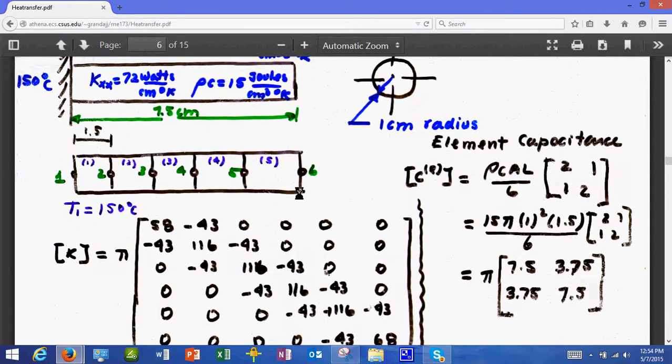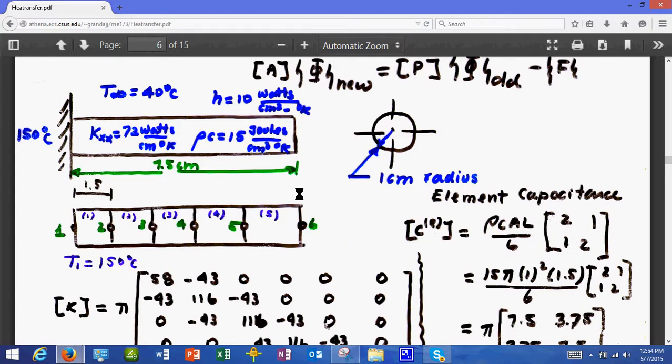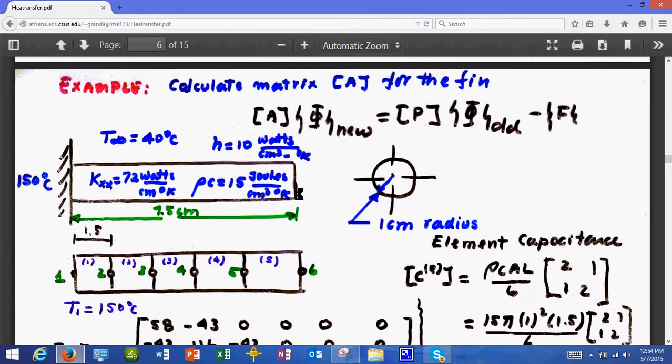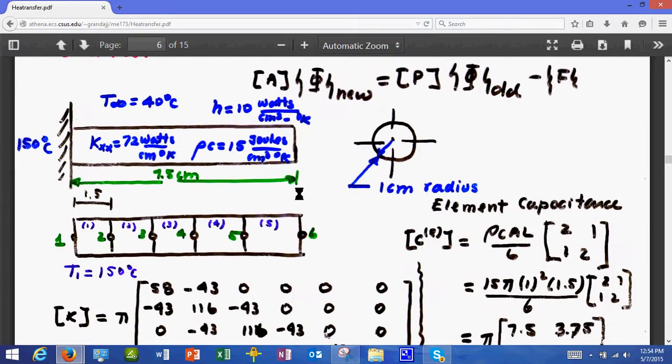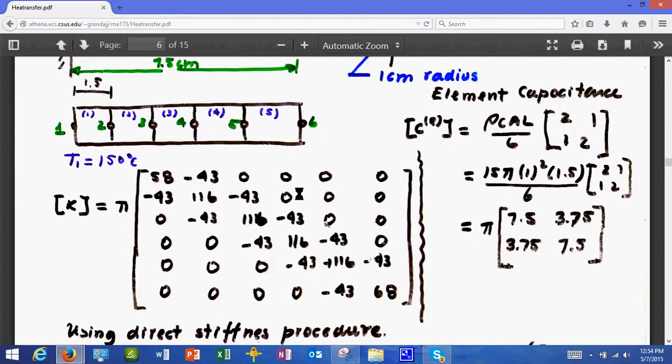Okay. So considering here a couple of other things that were not in the past example. Here, for example, the element capacitance, as we would like to call it here.